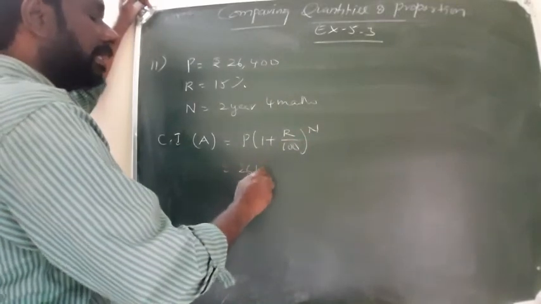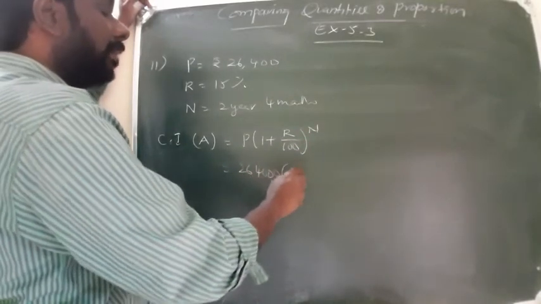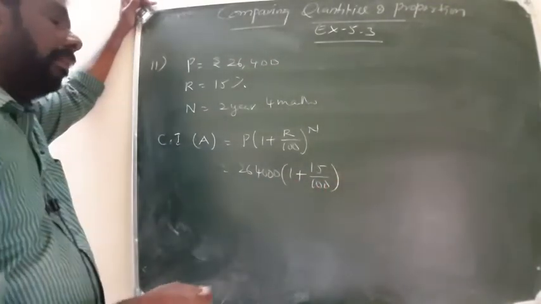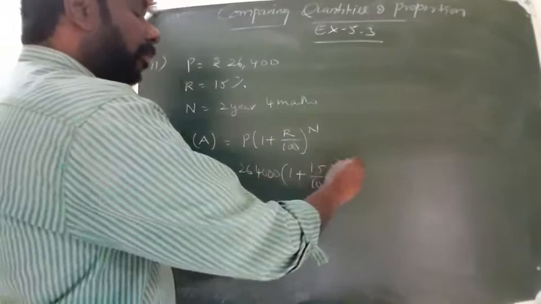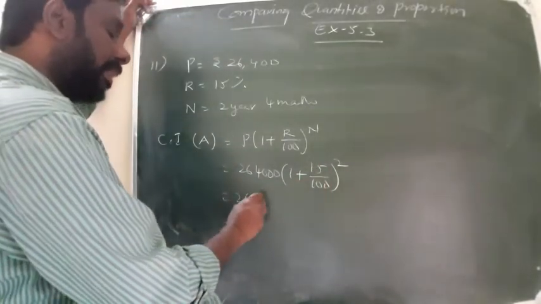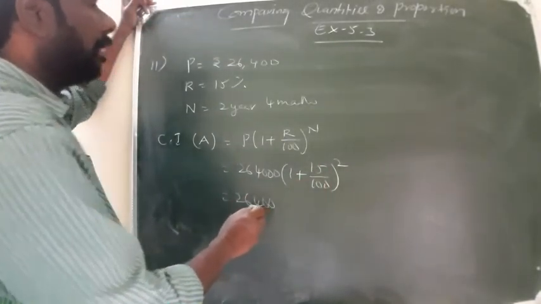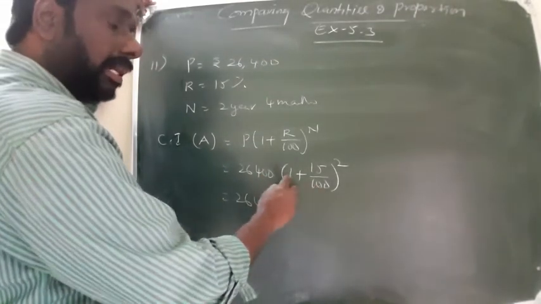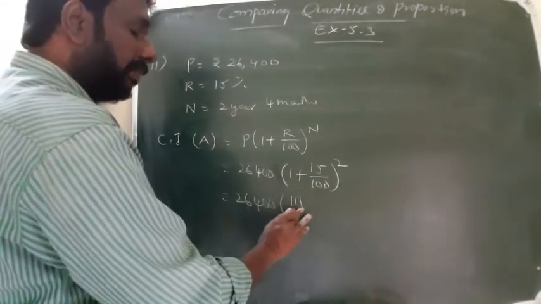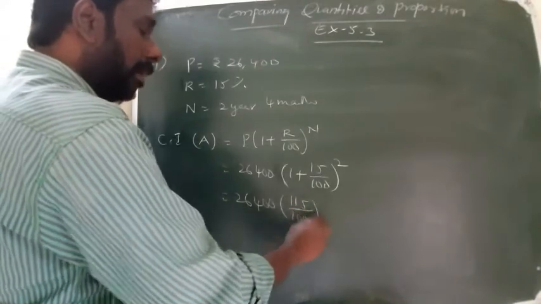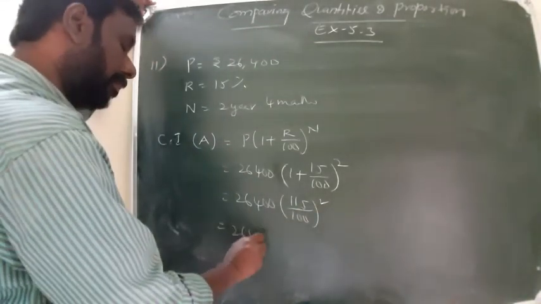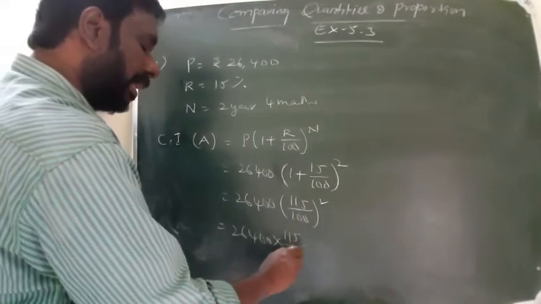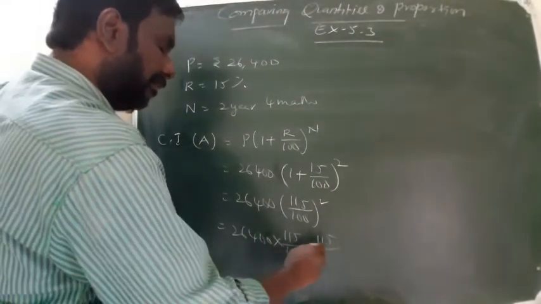So 26,400 into 1 plus 15 by 100 whole power 2. 26,400 into 100 plus 15, 115 by 100 whole square. 26,400 into 115 by 100, 115 by 100.